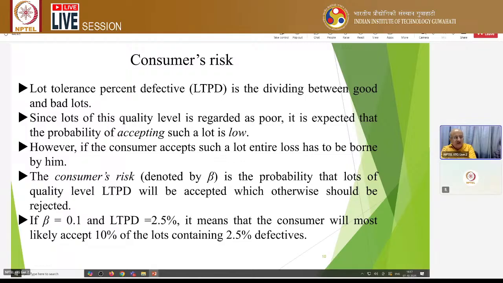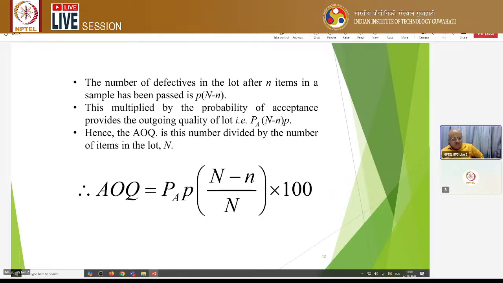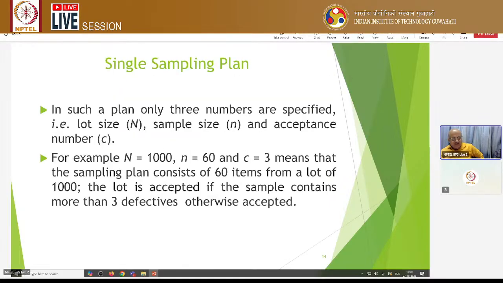Earlier we decided that out of 1,000 pieces, maybe 10 defective pieces is okay. But it so happened that, by bad luck, there were not even 10 defective pieces, there were about 7, but those 7 defective pieces by chance came in the sample. Then naturally it will be rejected. So that will be the supplier's, the producer's risk. This type of thing we discussed.